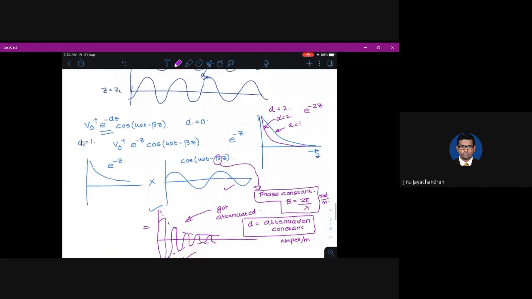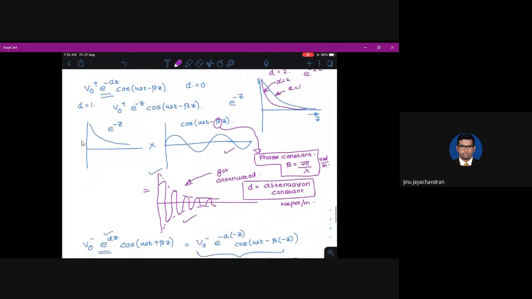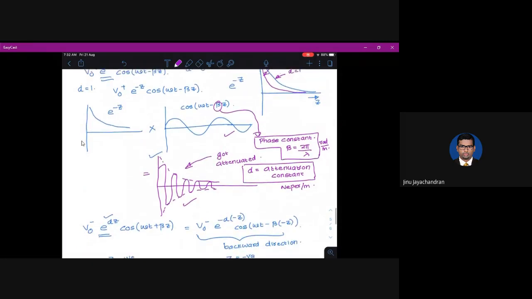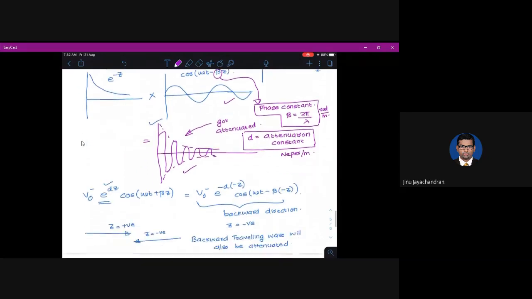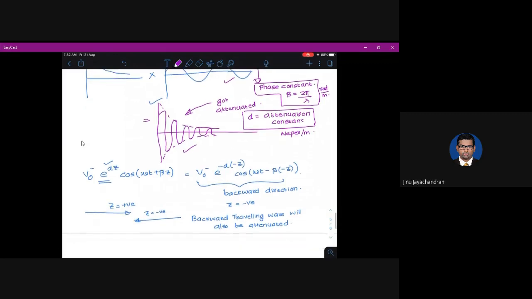So when you multiply e raised to minus alpha z and cos of omega t minus beta z, the wave attenuates. So alpha is called the attenuation constant. The wave attenuates in both directions, in positive z and negative z, because even if there is e raised to alpha z cos of omega t plus beta z, since the wave is traveling in the backward direction, the z is negative, because of which it will get attenuated in that direction also.